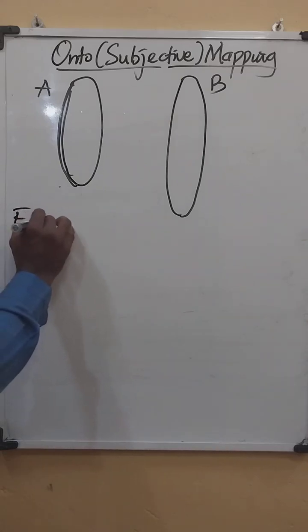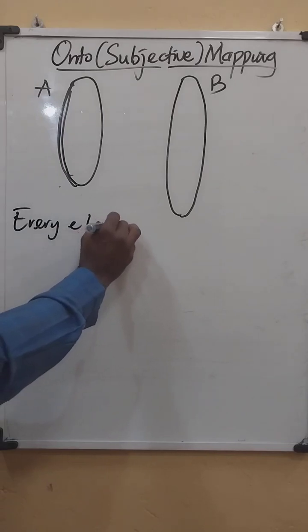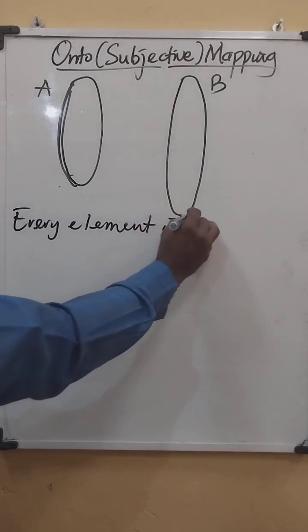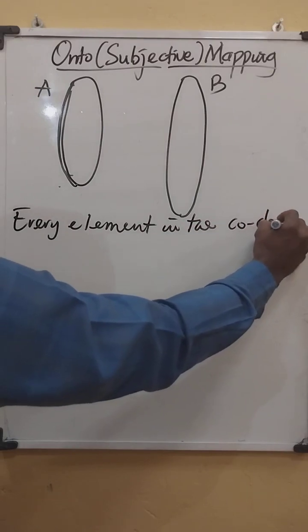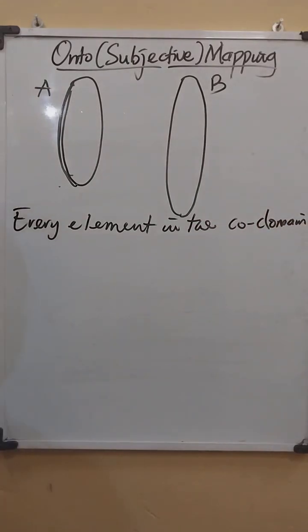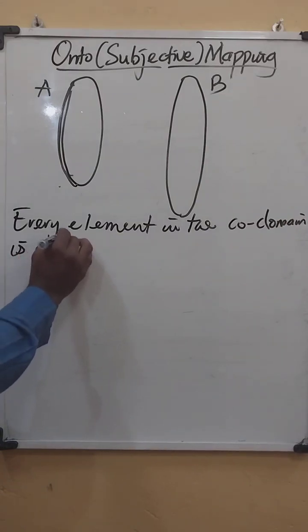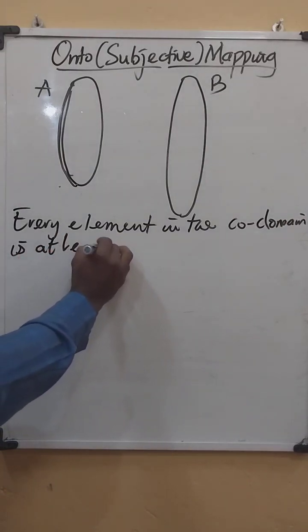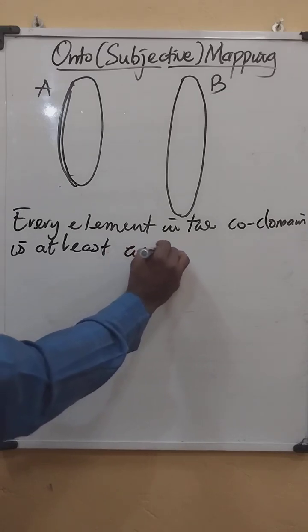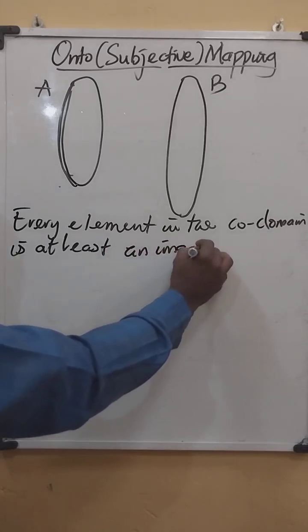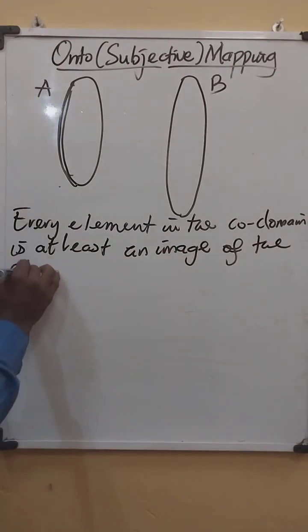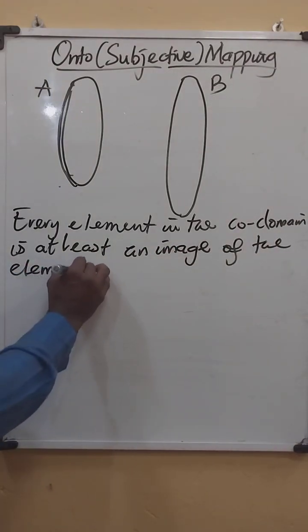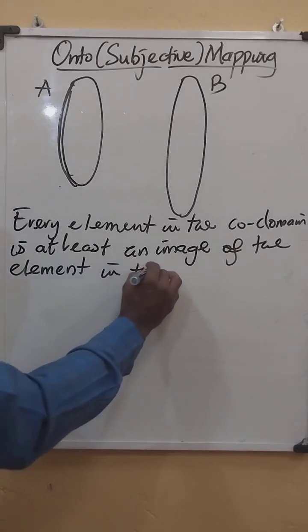Every element in the codomain is at least an image of an element in the domain.